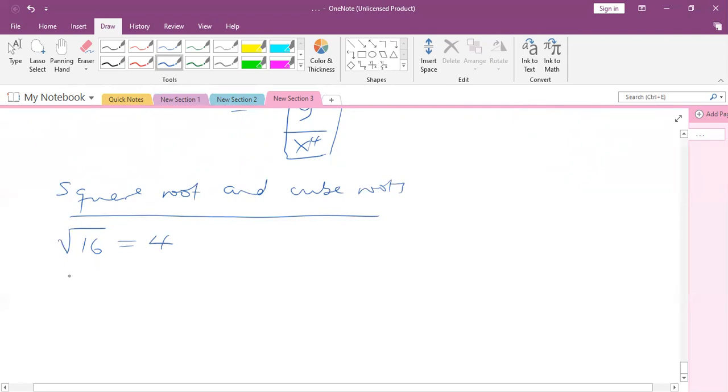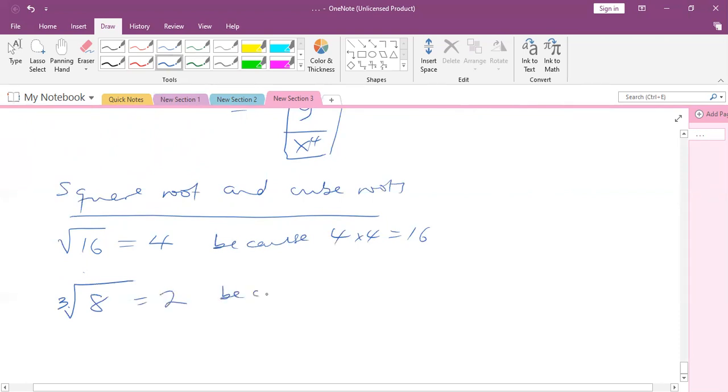Okay. 4 times 4 is 16, all right? The square root. Now, cube root is finding cube, right? Cube root looks like this. So if I say cube root of 8, this is 2.